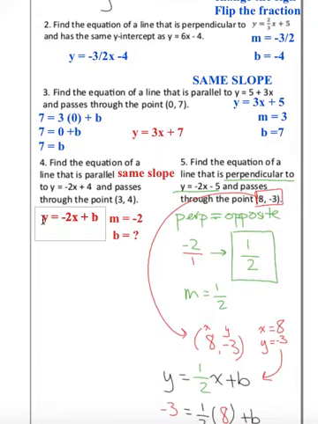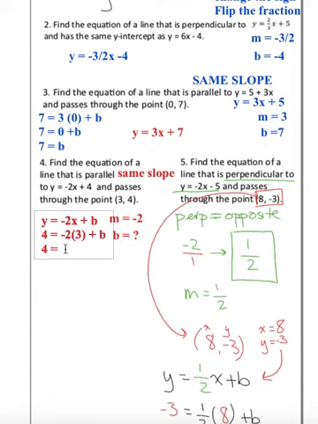So our y is our 4, because we're going to plug this point into the equation to find our b. So our y, which is 4, equals negative 2 times 3 plus b. So when we do this, 4 equals negative 2 times 3 is 6 plus b.